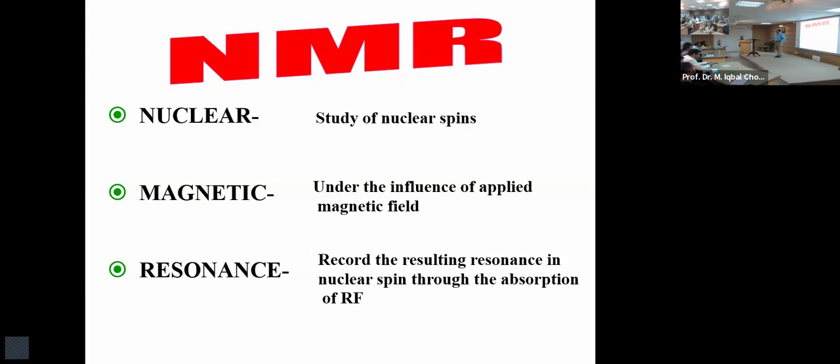I should remind you that every electromagnetic radiation has an energy, a frequency, and a wavelength. And every energy matches some kind of factor in your sample. For instance, ultraviolet radiation is good enough to have transition of electrons from low energy to high energy, right?